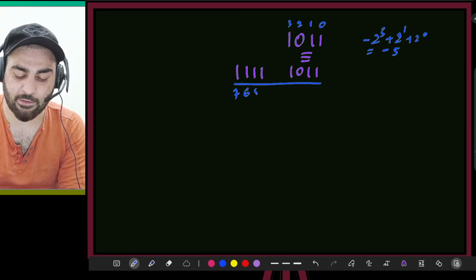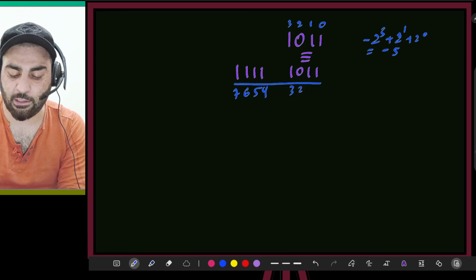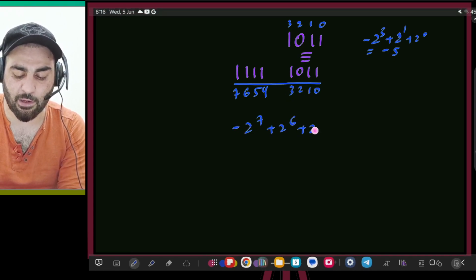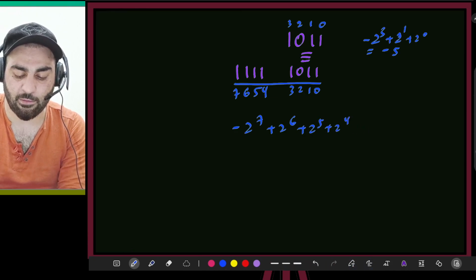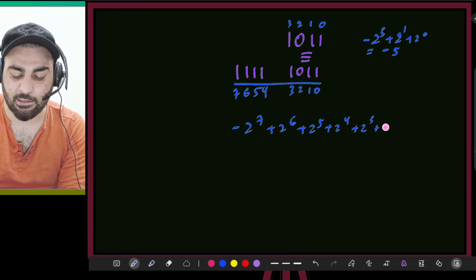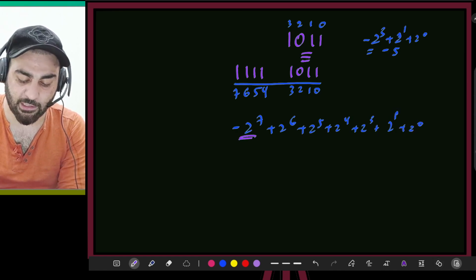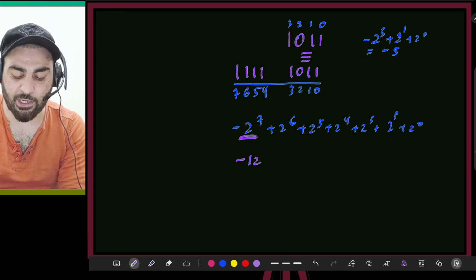Now if you see this, the bit positions are 7 6 5 4 3 2 1 0. So minus 2 to the power 7 plus 2 to the power 6 plus 2 to the power 5 plus 2 to the power 4 plus 2 to the power 3, plus 2 to the power 1 and 2 to the power 0. So this is minus 128.